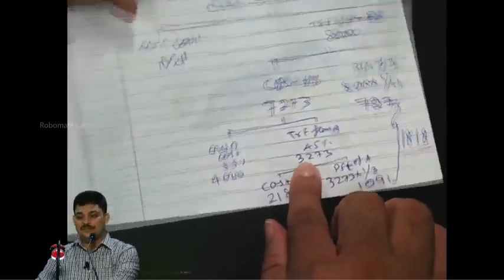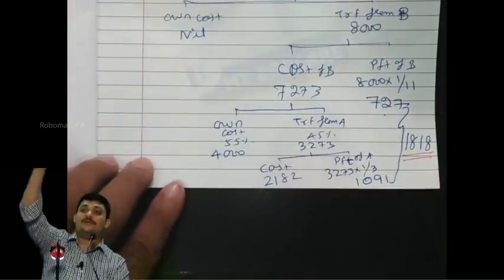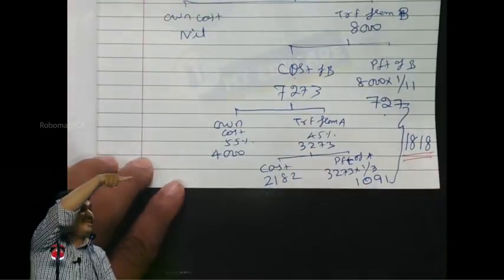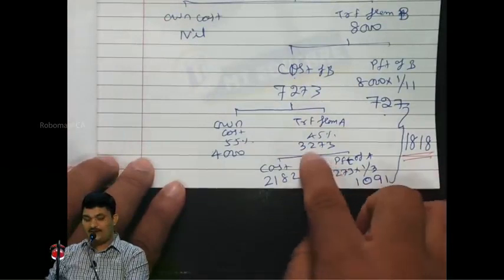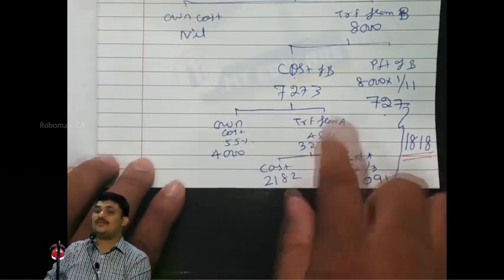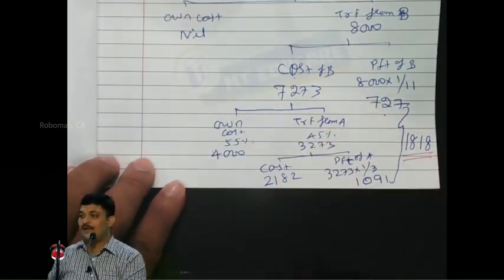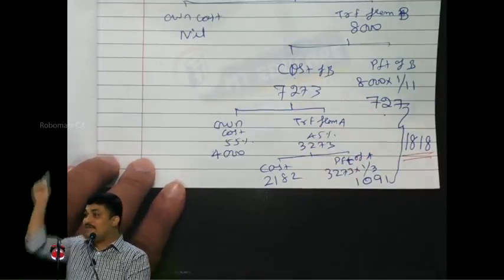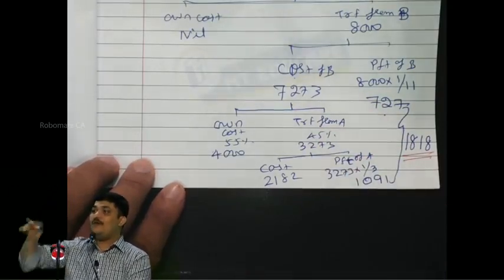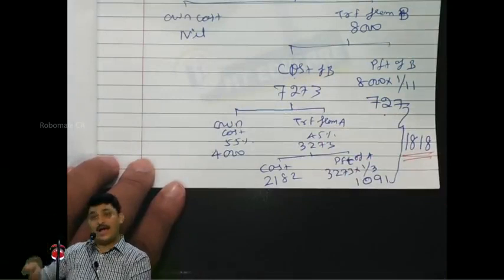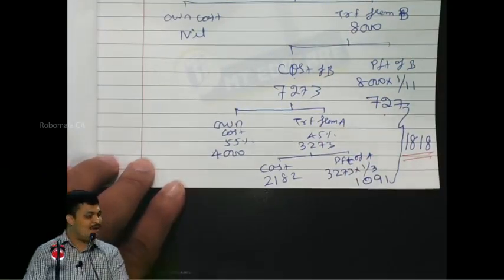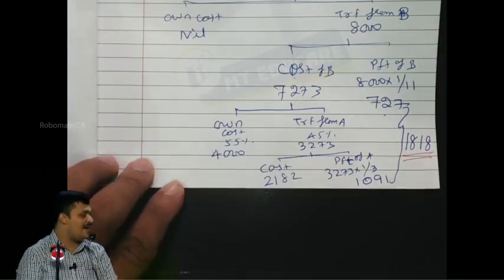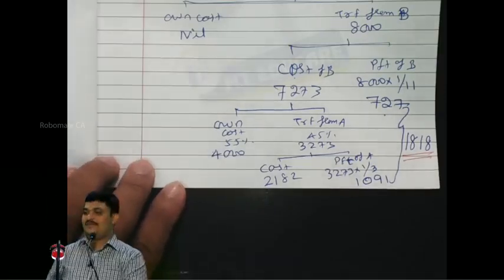Are you following this? 3,273 is the transfer made from A, which is representing transfer price. So we are finding out the profit margin included in 3,273. Understood? But what is the final conclusion? C stock will have margin of A as well as margin of B.